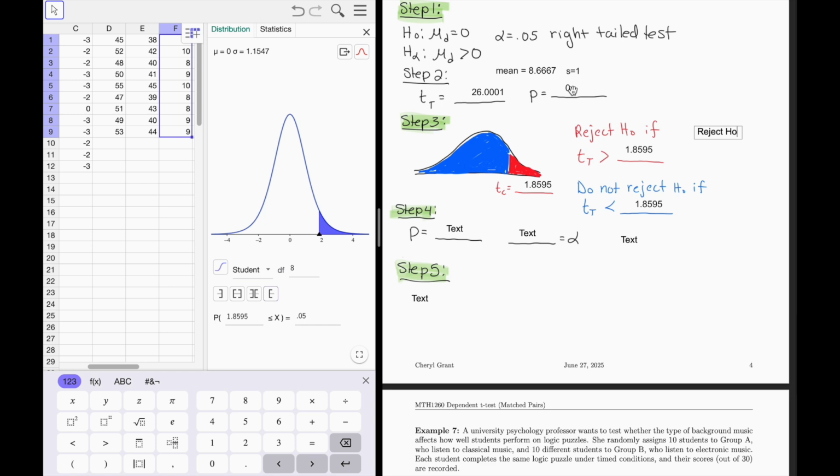Now let's use the p-value method. So our p-value is 0, which is certainly less than our alpha level of 0.05. So again, we're going to say reject the null hypothesis. So since we are rejecting the null hypothesis, there is enough evidence to suggest that the alternative hypothesis is true.